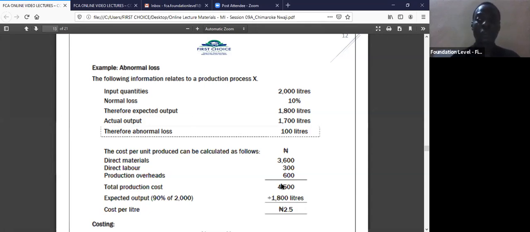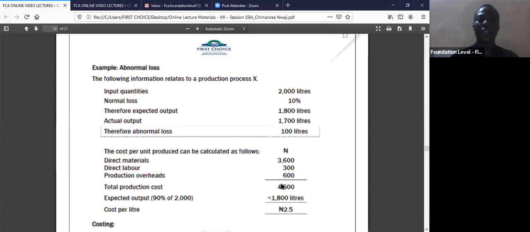So somebody may have to bear the brunt because you're going to value it, or at most the company will suffer it and write it off at the normal price of the good output because you did not expect that loss.